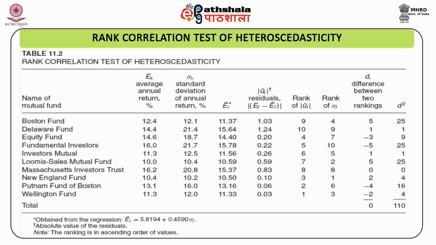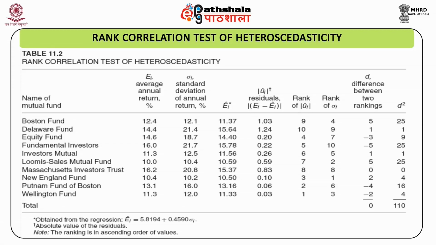To test this hypothesis, we apply the rank correlation test. After doing some calculation and using the formula 1, we get rs is equal to 1 minus 6 times 110 divided by 10 multiplied by 100 minus 1. This will be equal to 0.3333.